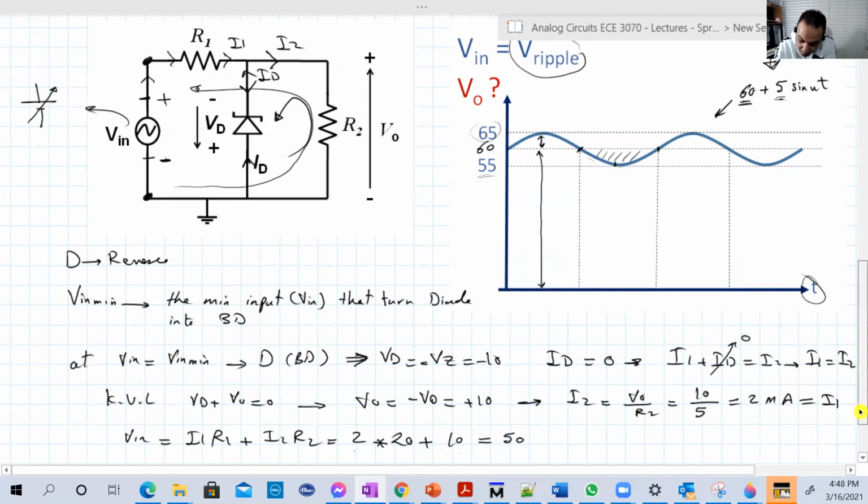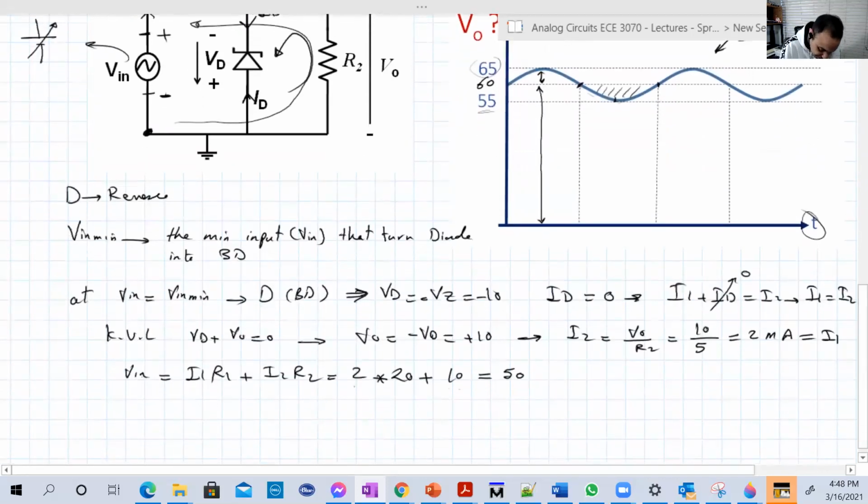Good. Now compare that with the minimum input here, the minimum input that will turn the diode into breakdown. The minimum point of the input is 55, right? So the input has a minimum value equal to 55, which is greater than 50.